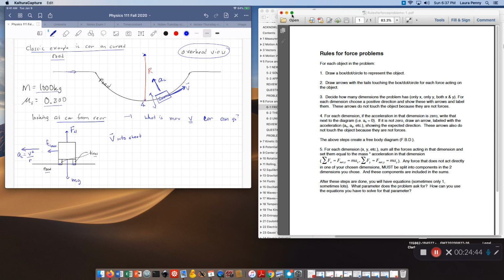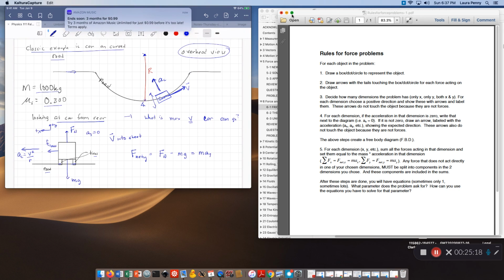And so it's not moving in this dimension, which I'll call positive x, and straight up is positive y. Here, we aren't expecting this car to bounce up and down off the road, and so a sub y is 0. Okay, so if I do F net y, I have the normal force minus mg equals ma_y.